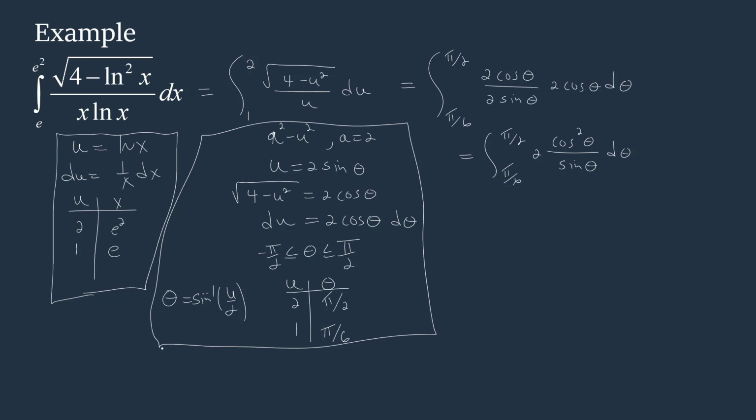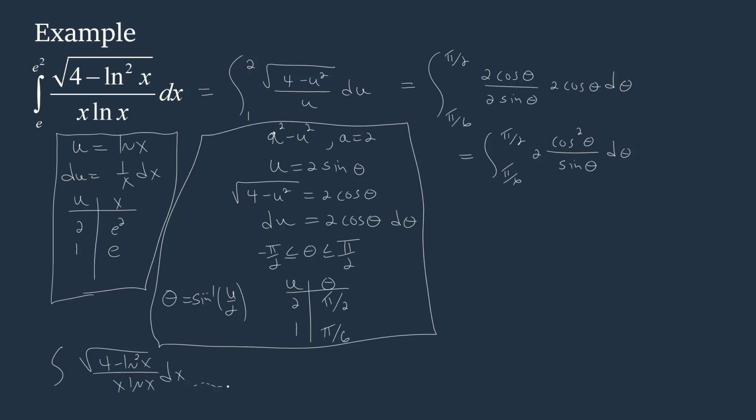Now, you might wonder, do I have to do this? Do I have to change the bounds? Well, if you start with a definite integral and you change the variables, then yeah, you've got to change the bounds. But you don't have to do this. What you could do instead is do all the exact same work, just don't change the bounds, and instead start from the integral of square root of 4 minus the natural log squared of x all over x times the natural log of x dx.